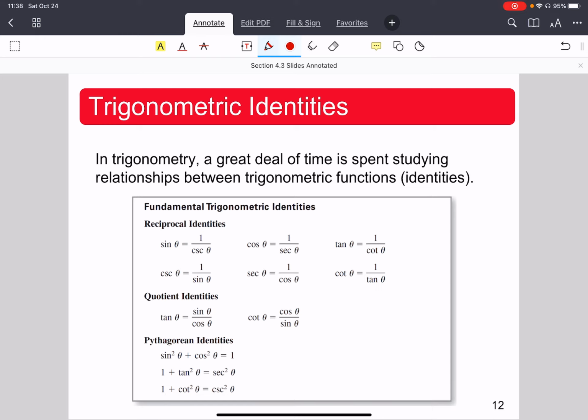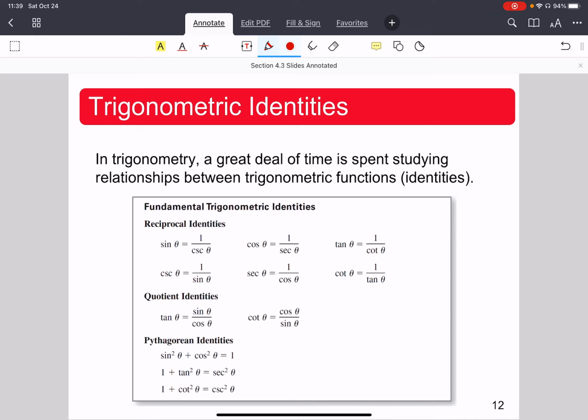So we come up with identities where we say sine is always 1 over cosecant, cosine is always 1 over secant, tangent is 1 over cotangent. So you're given this list of identities. And then we also have quotient identities where we say tangent is always sine over cosine, cotangent is cosine over sine. These are the things you already know.